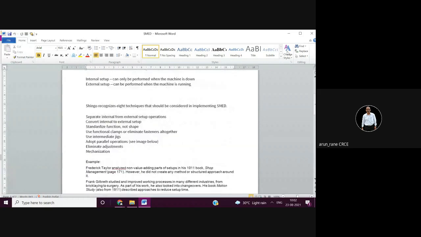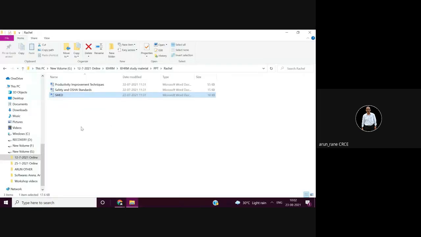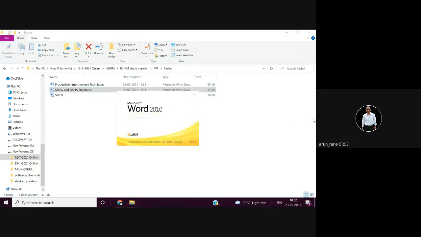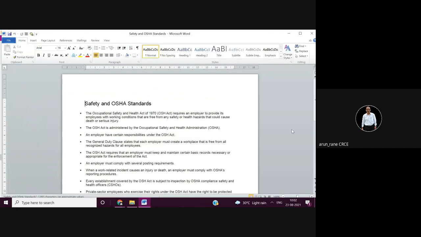Even in a big press shop like Mahindra's automobiles, they are able to change the dies, change the setups in 4 to 5 minutes, even though it is a big die in a big press tool.